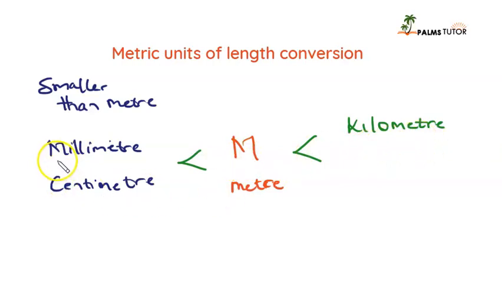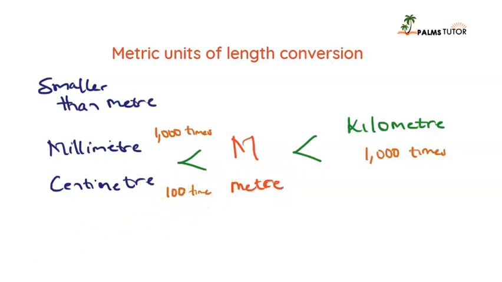What these prefixes are will tell you by how much they are smaller or by how much bigger. A millimeter is 1,000 times smaller than a meter, a centimeter is 100 times smaller than a meter, while a kilometer is 1,000 times bigger than a meter.